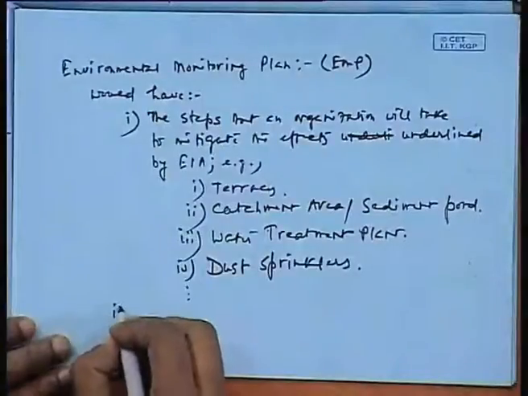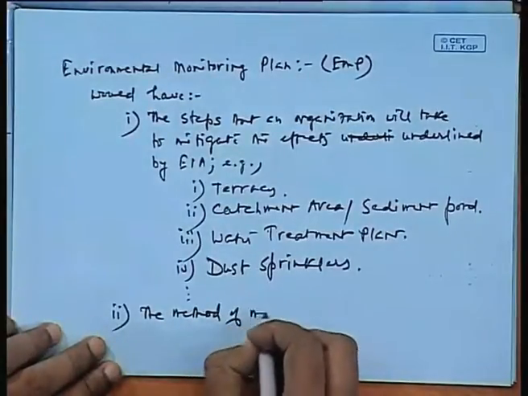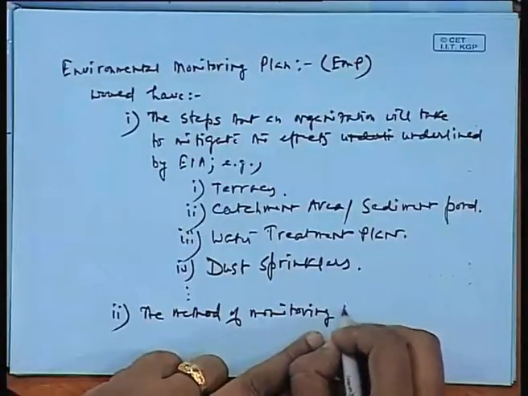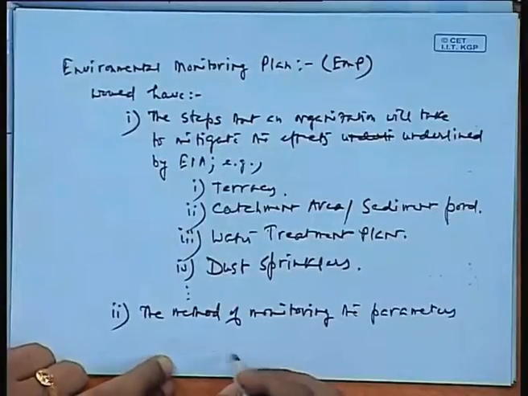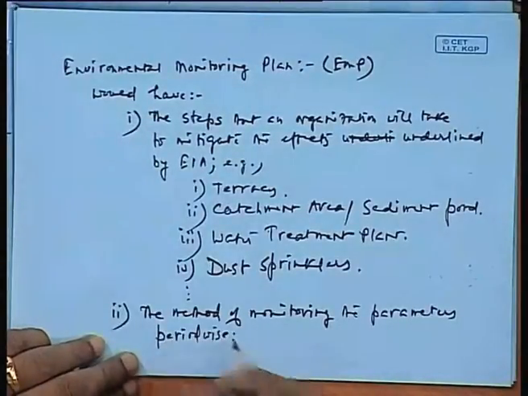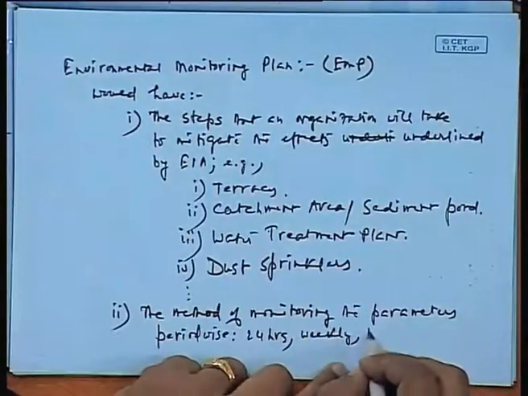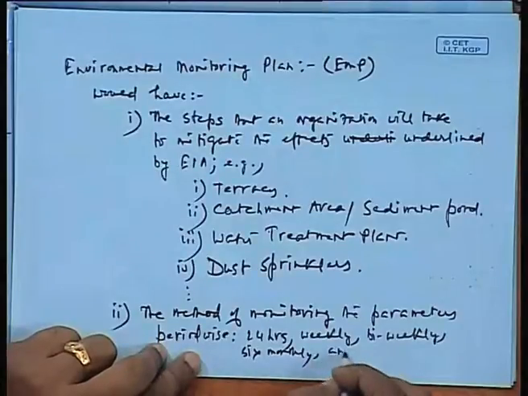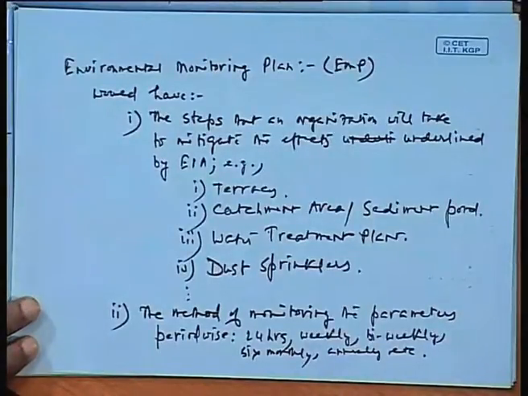The next step, it says, is the method of monitoring the parameters, period wise, say 24 hours, say weekly, bi-weekly, 6 monthly, annually, etc. What is the method of monitoring?